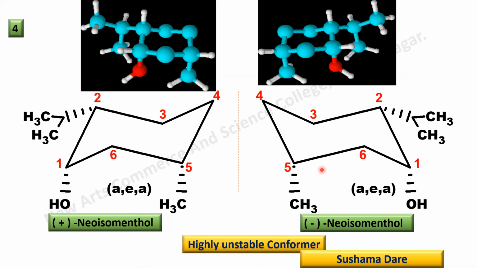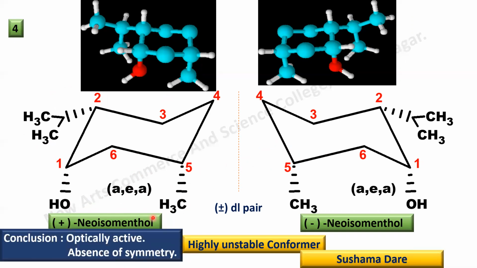And again, you can see here there are two axial substituents and only one equatorial substituent. So among all, this is a highly unstable conformer. Again, there is absence of a plane of symmetry or any symmetry element, therefore it is optically active.